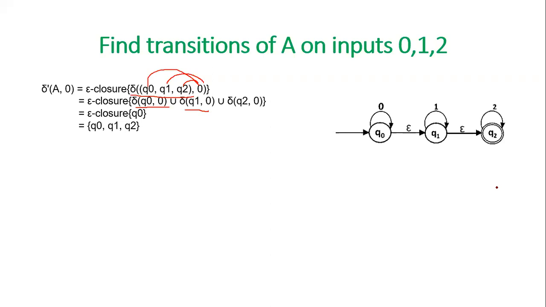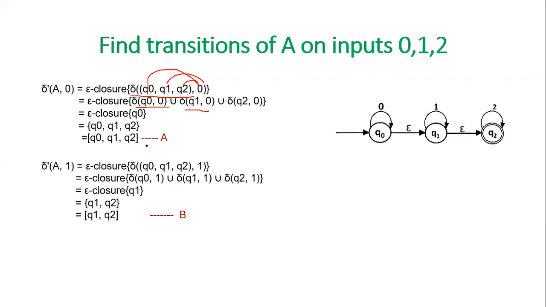Okay. So the value of A comma 0 in DFA we have to mention with the square bracket, right? Don't forget. And next one, A comma 1, we got the output Q1 comma Q2, right? And what is the value of A comma 2? Q2, ma'am. Q2. Okay. What about others' answers? If you got, let me know.